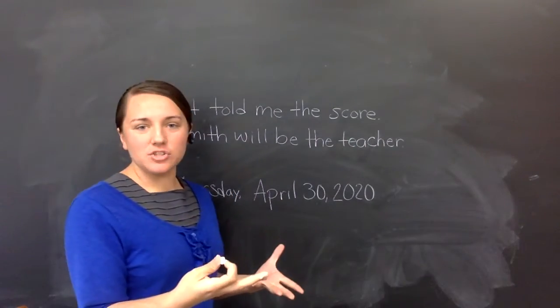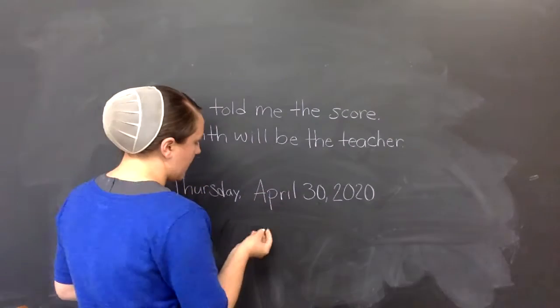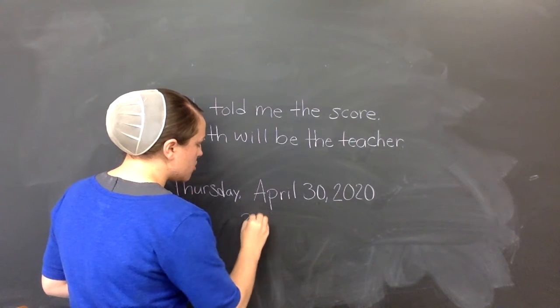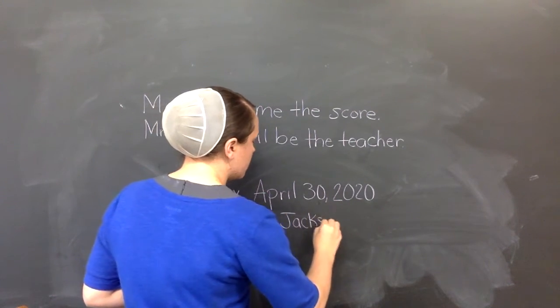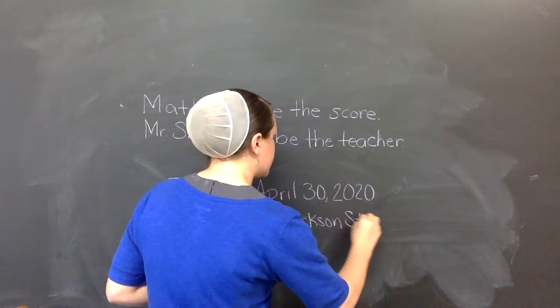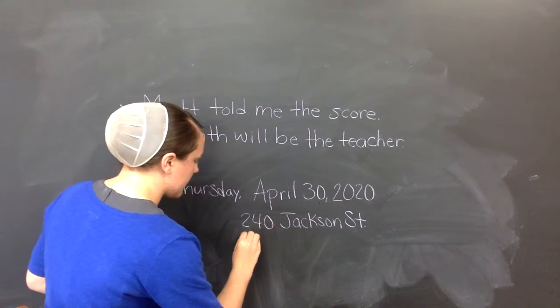Now for writing an address, let's just write a random address here. 240 Jackson Street. I have no idea.